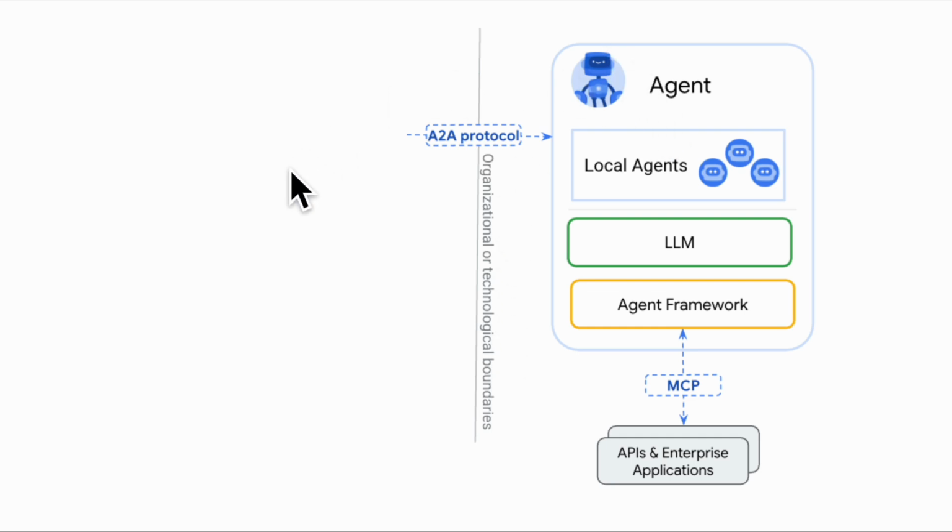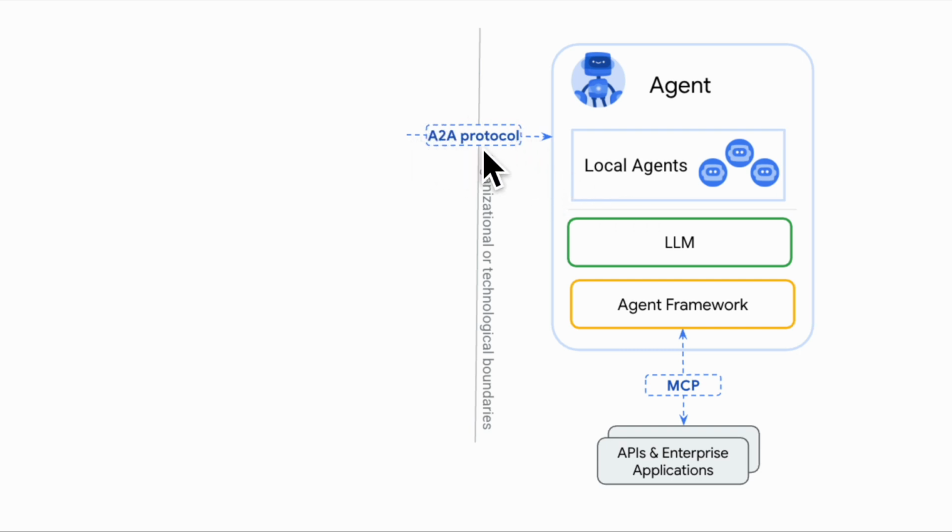These agents cannot communicate past this boundary. So what happens when agents need to collaborate across these boundaries? This is where things break down. Two intelligent agents, even if they are both brilliant, can't help each other because there is no common protocol or language for them to communicate.